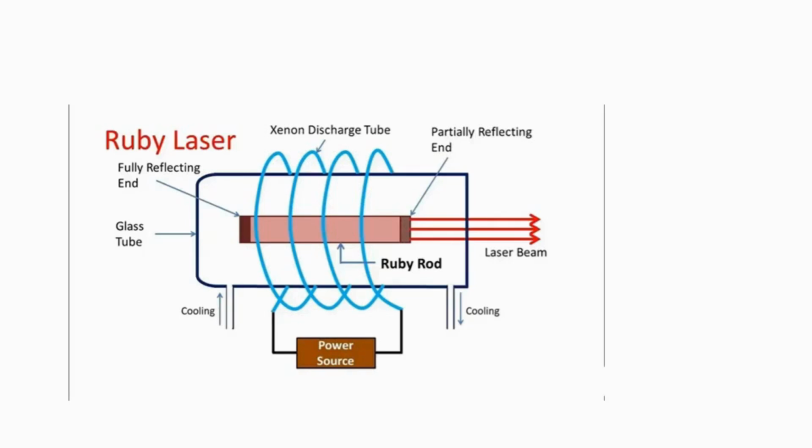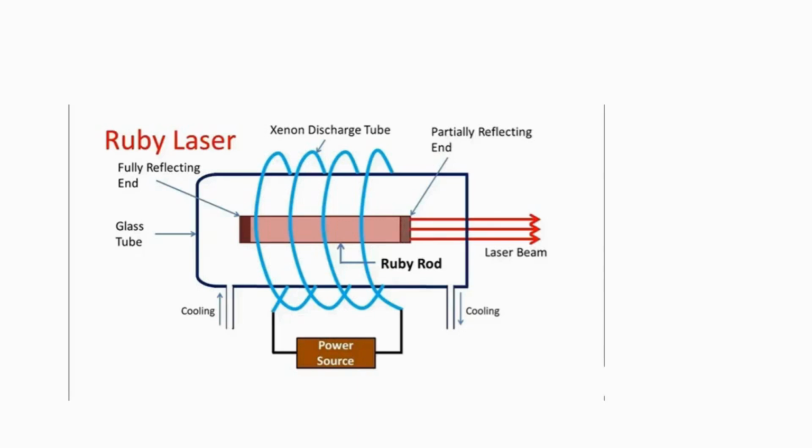The crystal is surrounded by a xenon flash lamp that acts as a pumping agent. To reduce the temperature, cold water is added, surrounded by the flash tube which has xenon gas. Both the ends, E1 and E2, of the crystal are properly polished.